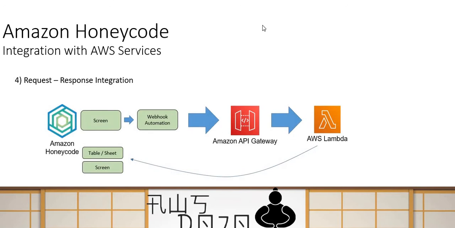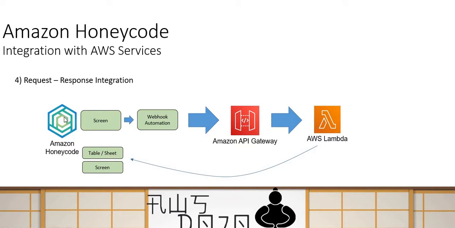So the flow will be that in Amazon Honeycode, through a screen, you call a webhook automation, which is calling an API Gateway. And then that API Gateway is calling a Lambda function. And then this Lambda function can make a callback using the Honeycode API to update the table or the screen.